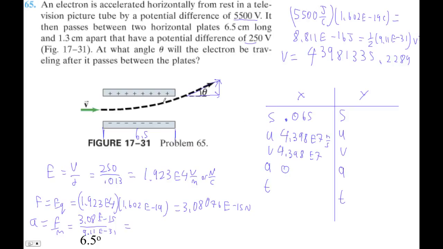So some people will say, do we ignore the acceleration of gravity? Well, let's just see. The acceleration I'm getting is 3.3817. I'm going to store that in D just for fun. 3.3817 times 10 to the 15th meters per second squared. And that is, of course, up. It's an electron, so it's a negative charge. It would be attracted upwards.